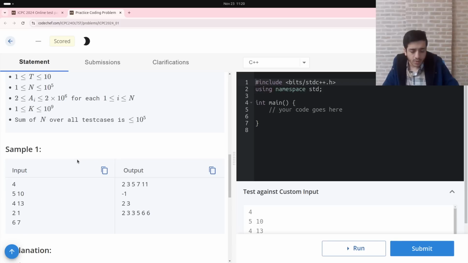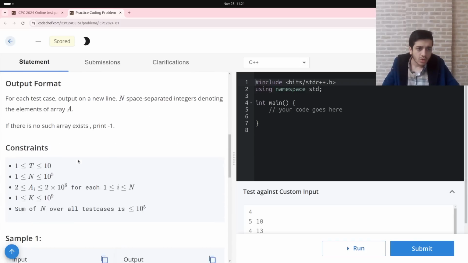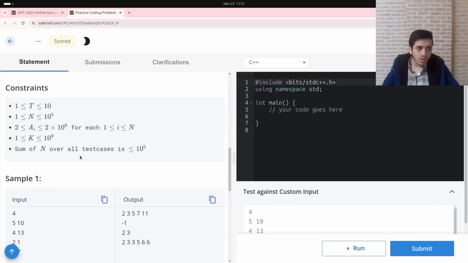Okay. So my idea is like this. We go find the biggest integer, let's say a. Okay, so the first idea is like this.